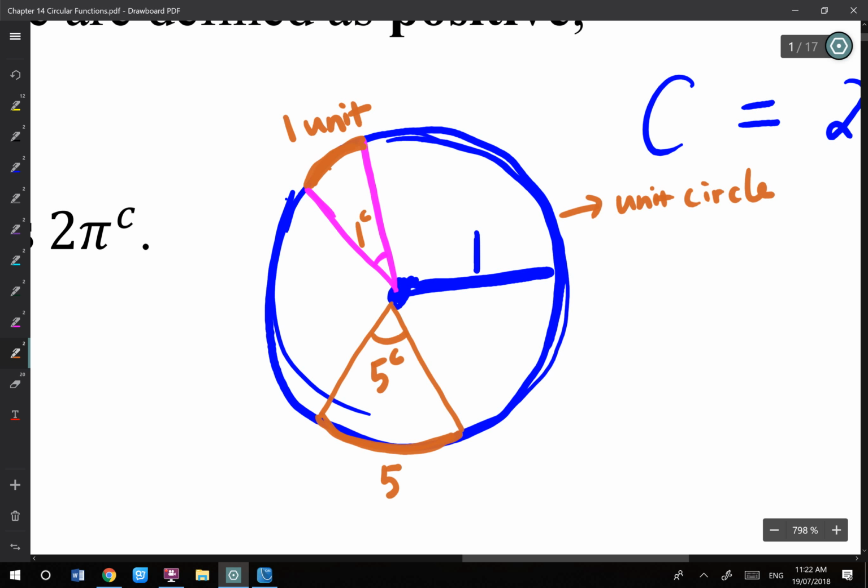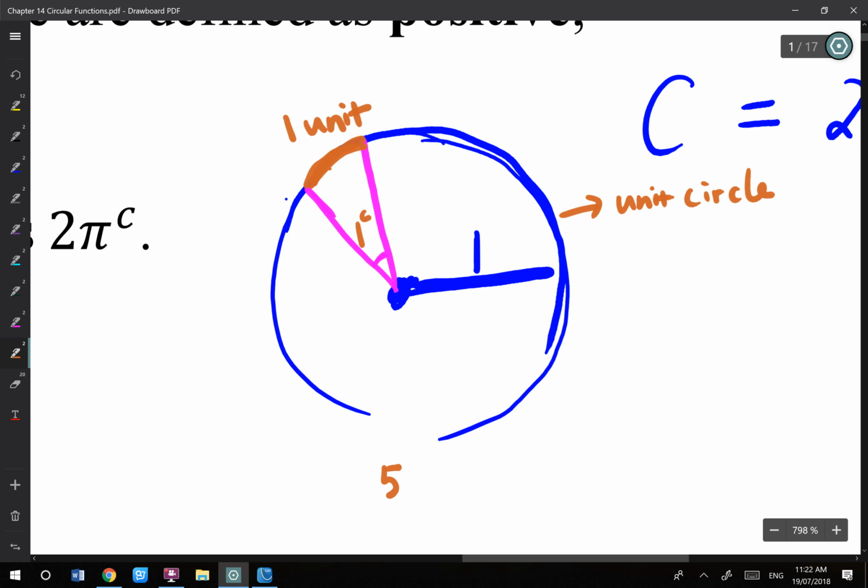Now I want to ask a question like this. You know that's 5 radian, that's good. My next question is, I will use a bright color.